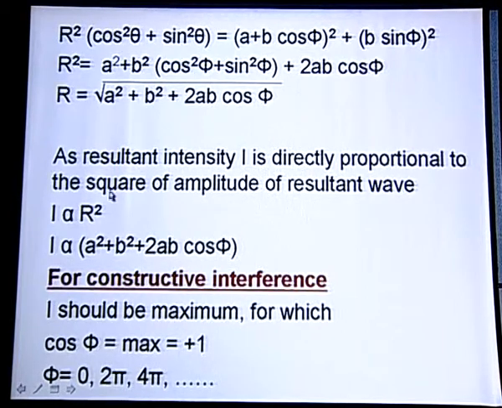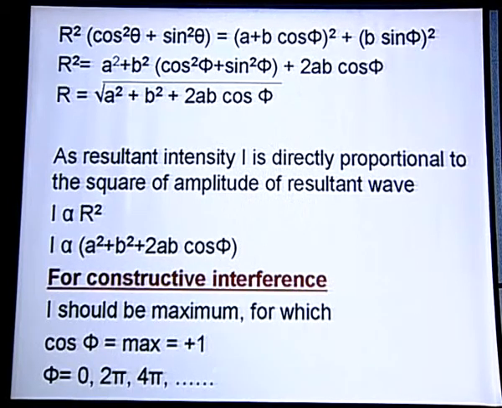The third you have got here, that I is the intensity of the resultant wave. So you have got 3 formulae: first, the intensity is directly proportional to the square of the amplitude, then R is equal to the root of a square plus b square plus 2ab cos phi, and third is this.